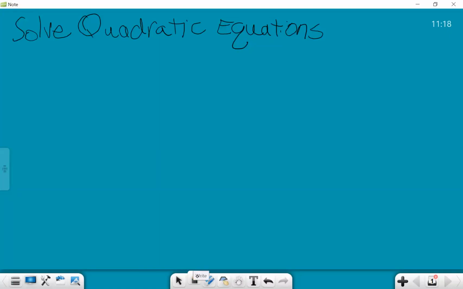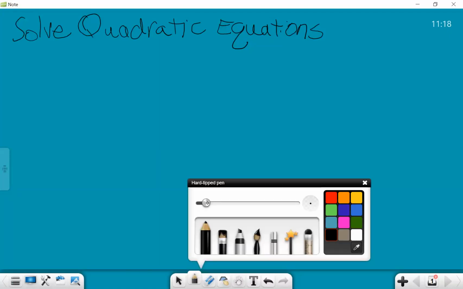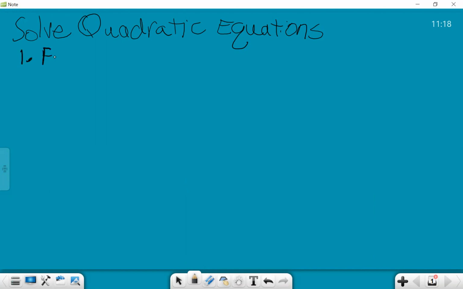Okay, so we talked last time about the fact that there are multiple ways to solve quadratic equations. We said we can factor. We can use the square root property.